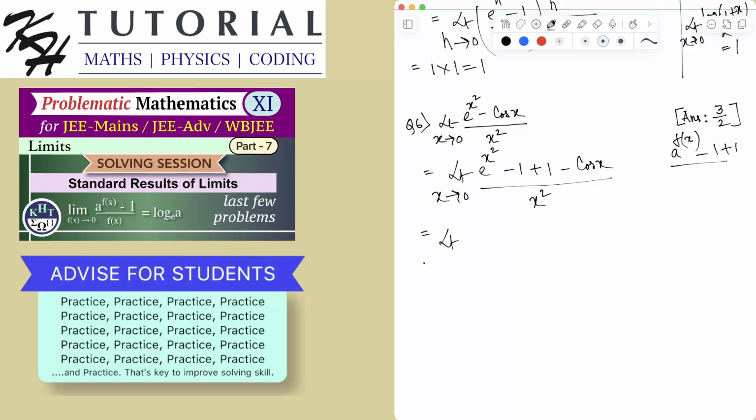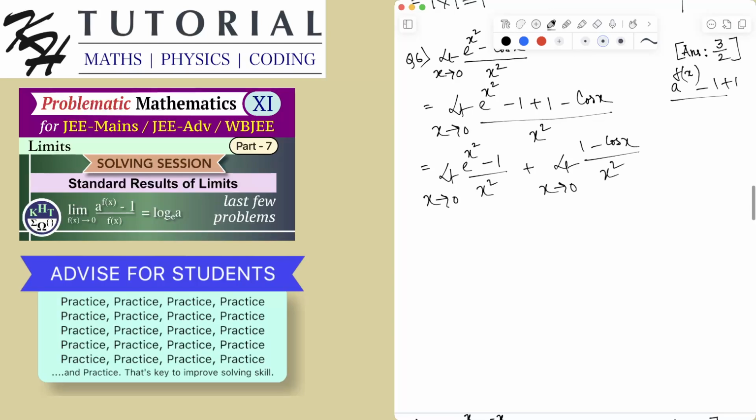So this is limit x tending to 0. I can separate it out: e to the power x square minus 1 divided by x square, plus limit x tending to 0 of 1 minus cos x divided by x square. Now 1 minus cos x will be 2 sin square x by 2.